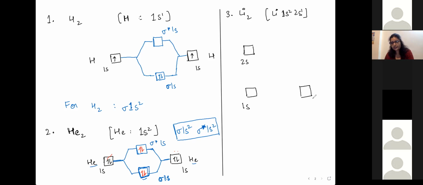The rest of the details remain the same. When 2 1s orbitals combine, you get one bonding and one anti-bonding. Again, when 2 of the 2s orbitals combine, you'll still get a bonding and an anti-bonding. So in total, you'll have 4 molecular orbitals, and you need to fill 6 electrons in them.